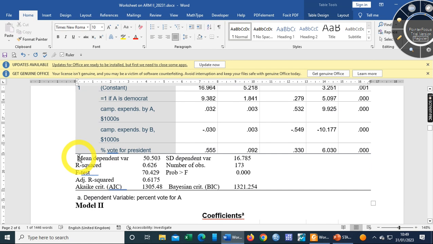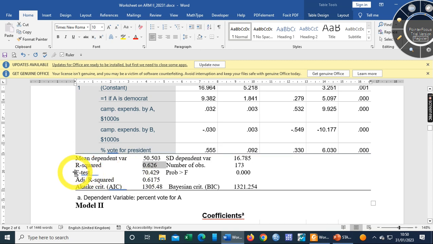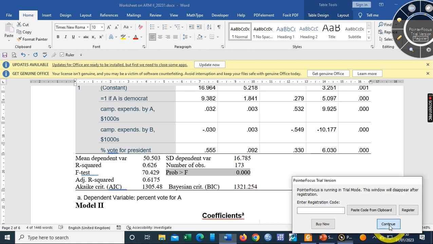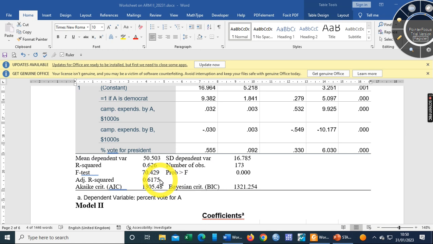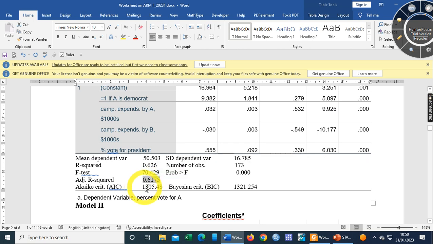We have R squared. It is 0.626, 62.6%. We have the F test statistic, 70.429. We have the corresponding p-value, 0.000. We have adjusted R square for the model, and we have information criteria.